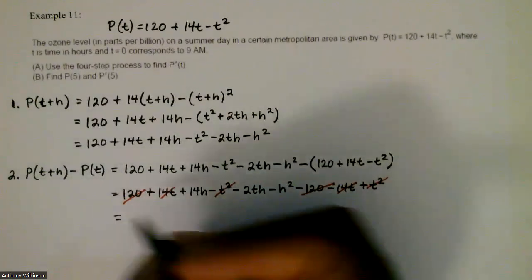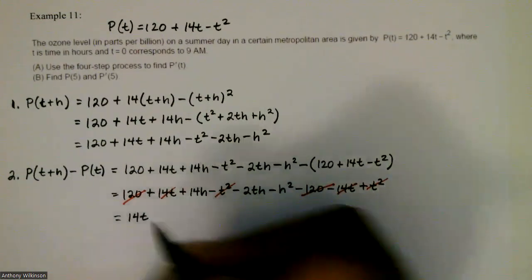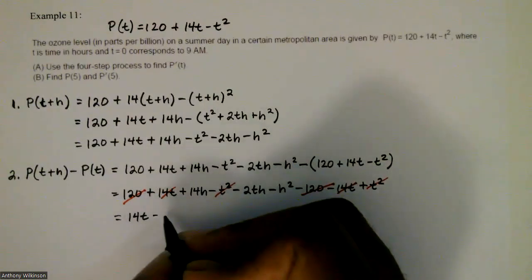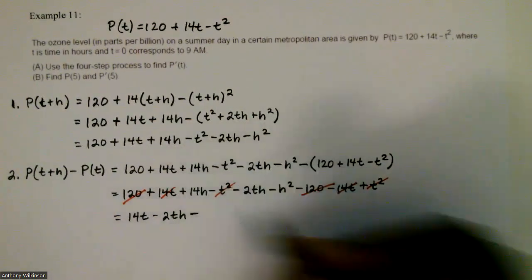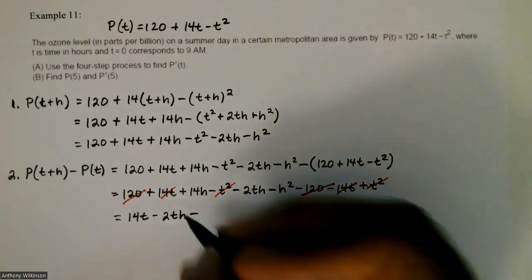So this will be 14H minus 2TH minus H squared.